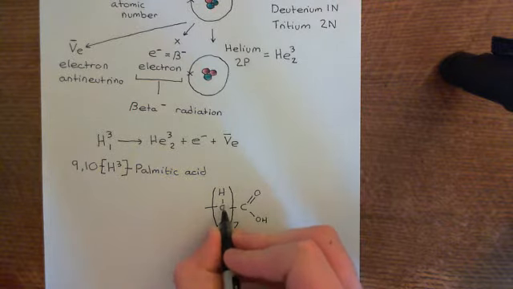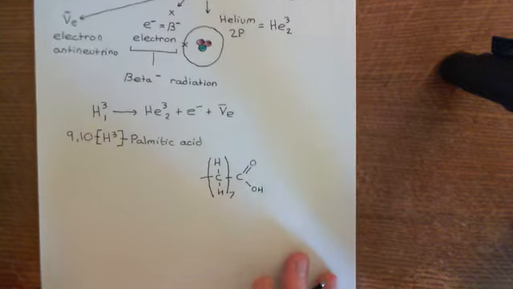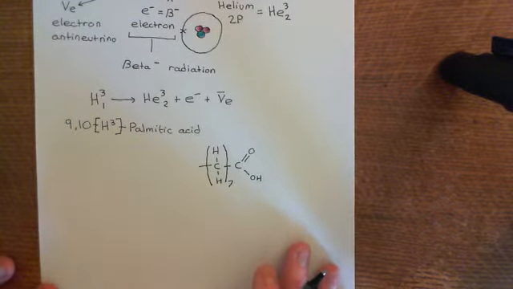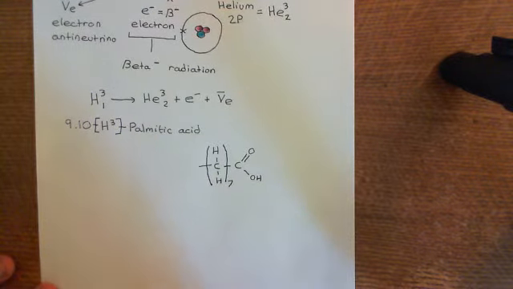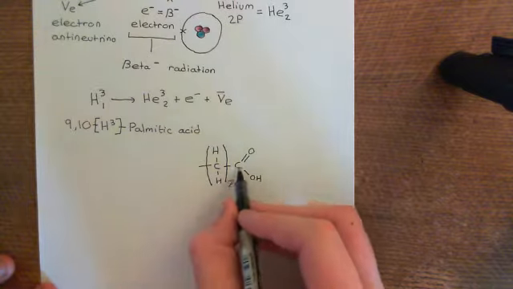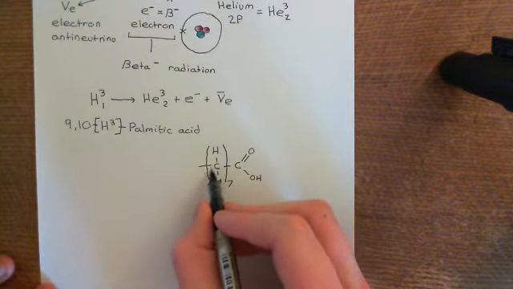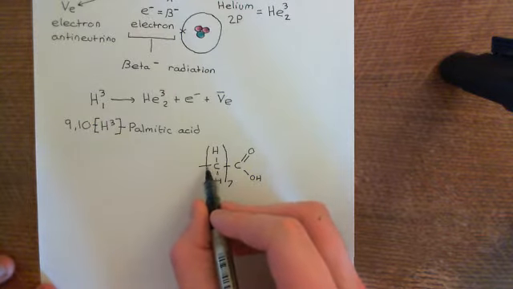Here are the first 7 of these methylene groups. Because I don't want to draw out 7 identical methylene groups, I've drawn one, put brackets around it, and put a subscript 7 here. That takes us up to the 8th carbon, because here's the first, then we've got 7 more.